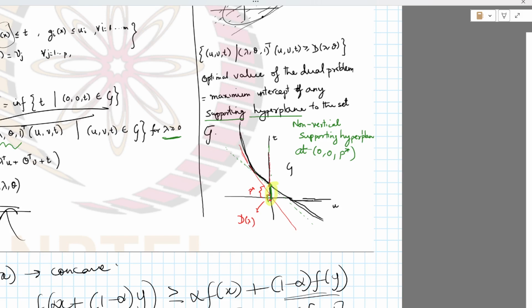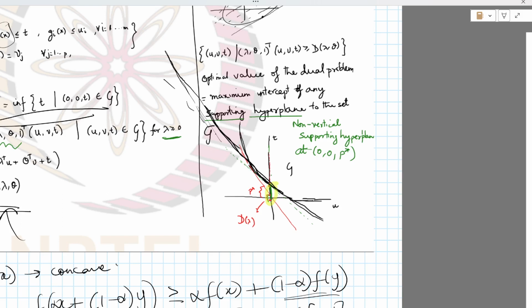Is that fair? If you have some function like this, then the maximum intercept may be at some point, let's say here.